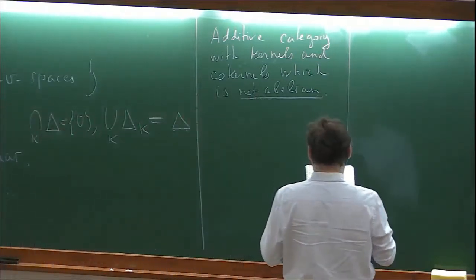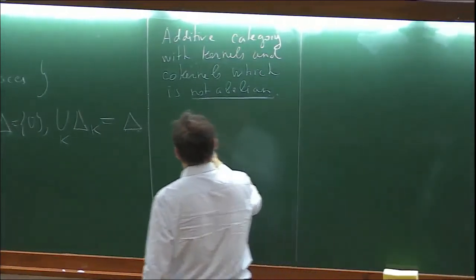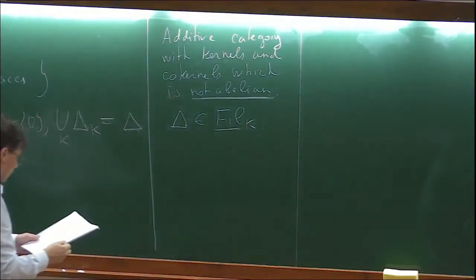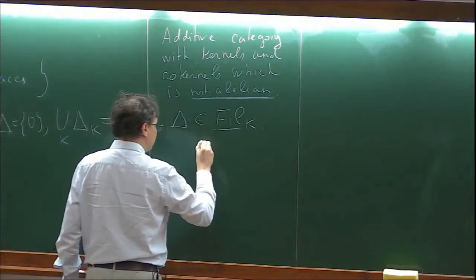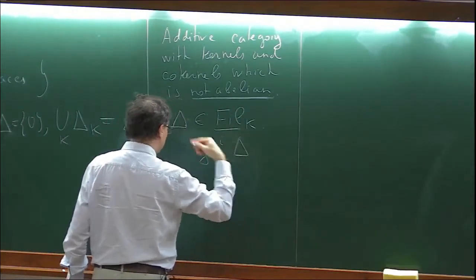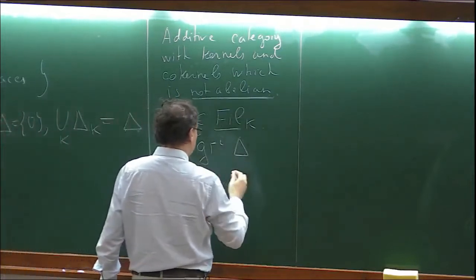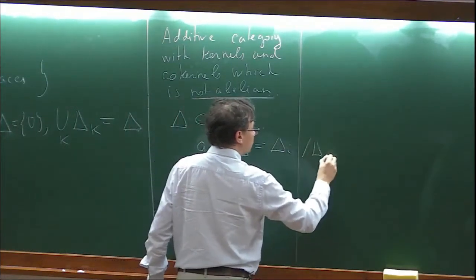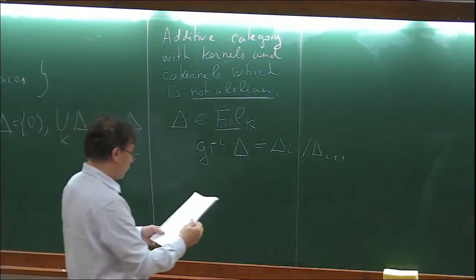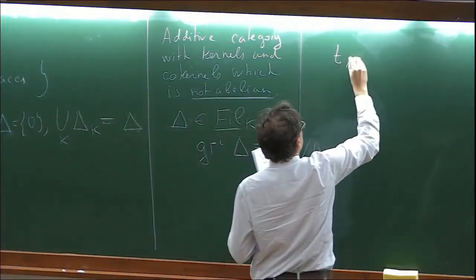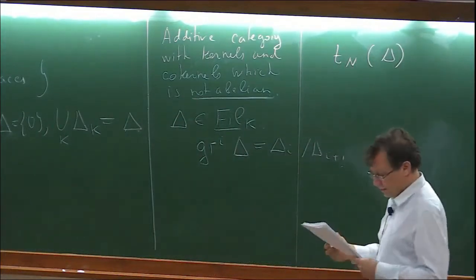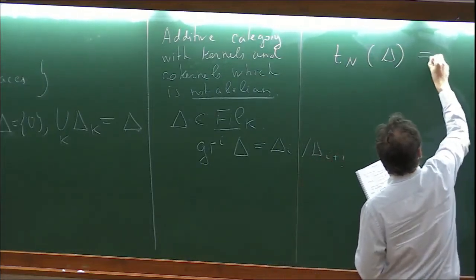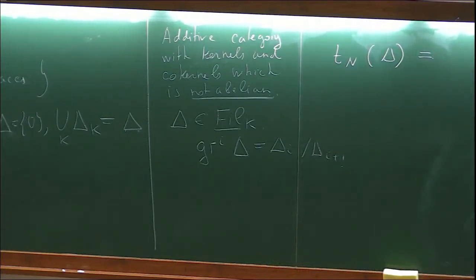So if we have an object of this category, Δ, we can consider the graded pieces of this filtration, and consider the following quantity, t_H of Δ, which already appeared in Udi's talk this morning in the context of crystals.